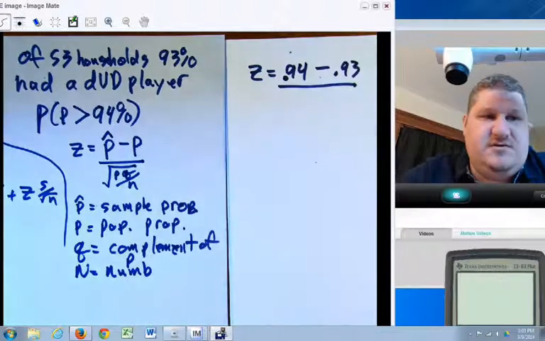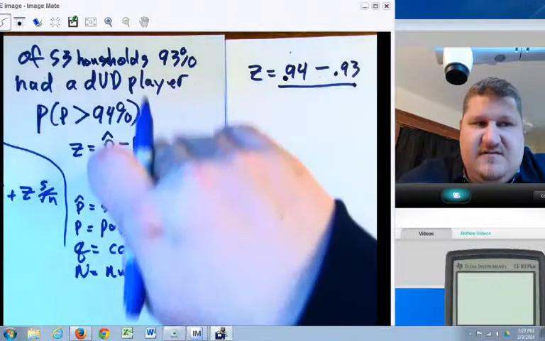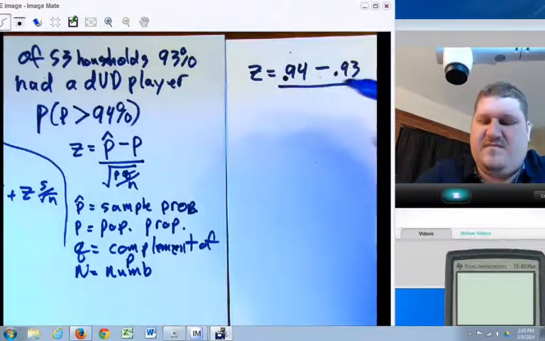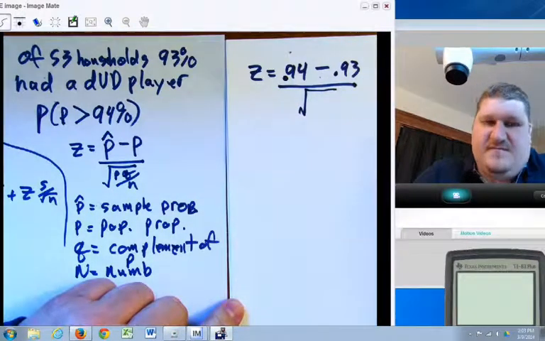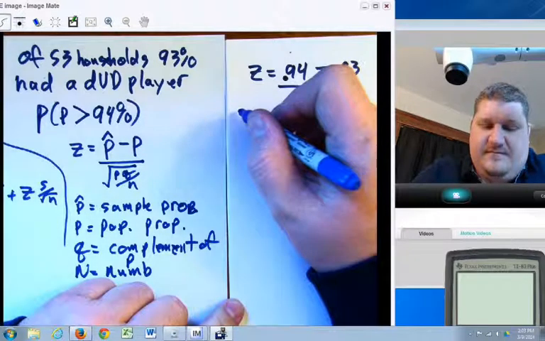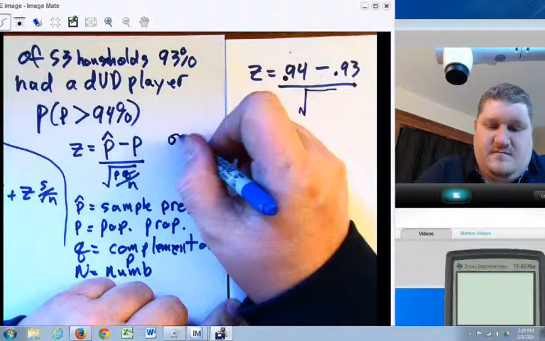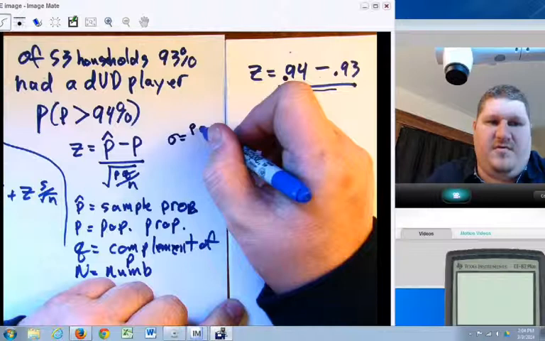Now, you'll notice we don't have a standard deviation. There is no standard deviation listed on this problem. So what we need to do is find the standard deviation. And that standard deviation is going to be P times Q over N, and we're going to take the square root of the whole thing.